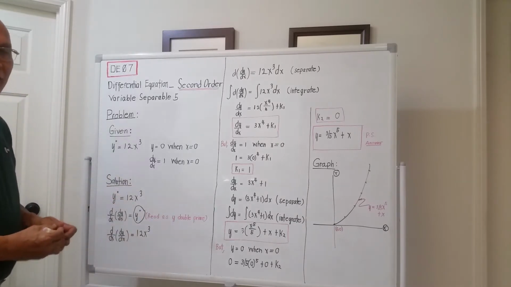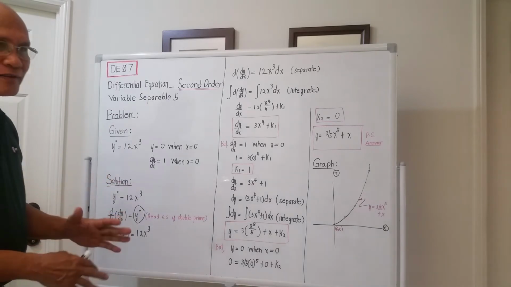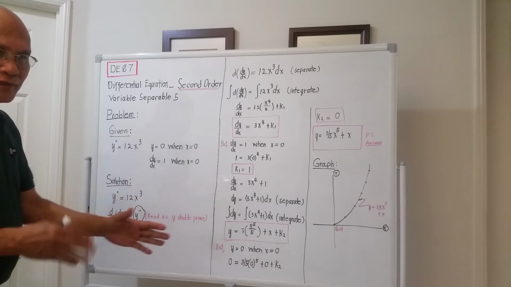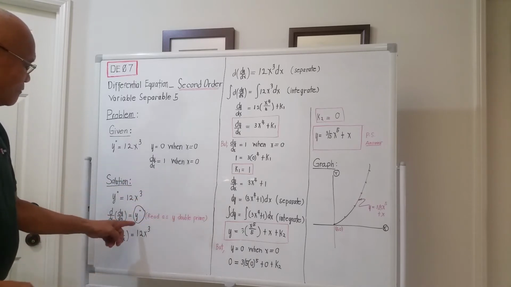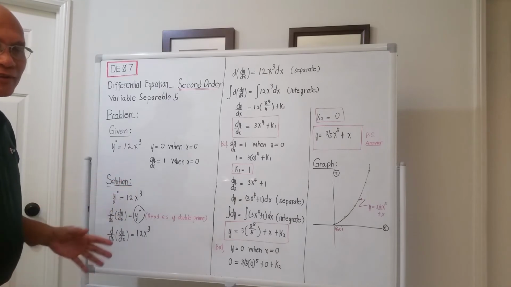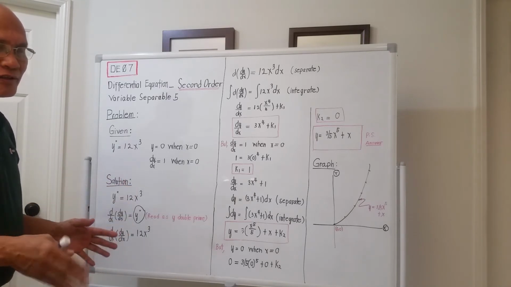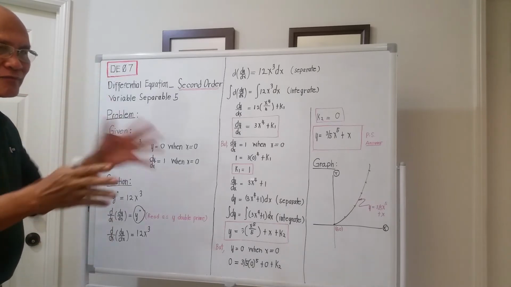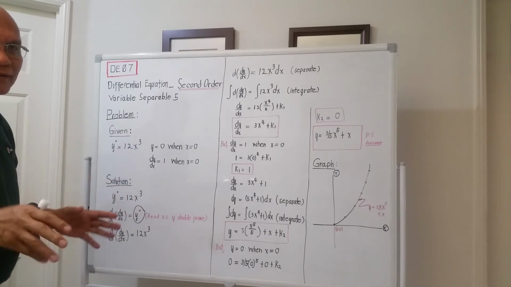Mathematics just shortens it. Instead of writing the second derivative of y with respect to x, they place it simply as y double prime. Because there are problems where it is y to the fourth prime, to the fifth prime, something like that. But don't be afraid.